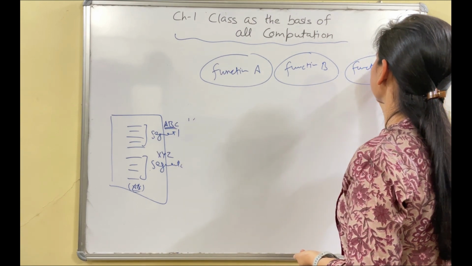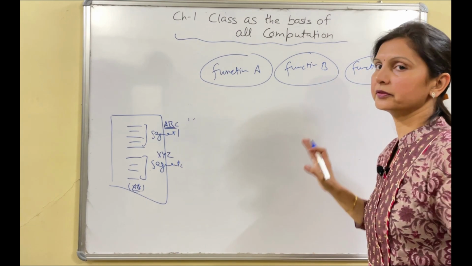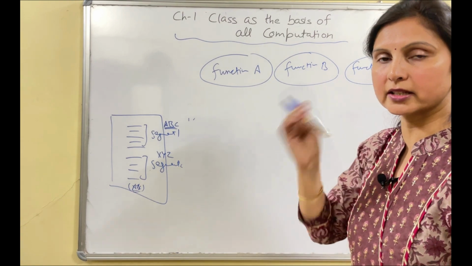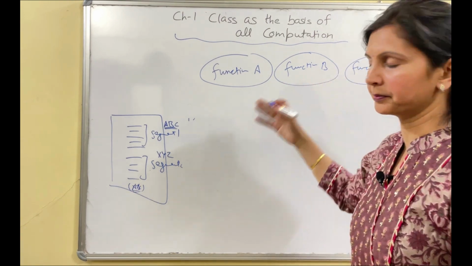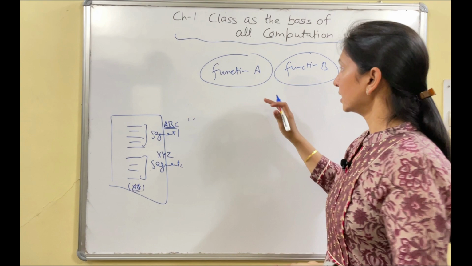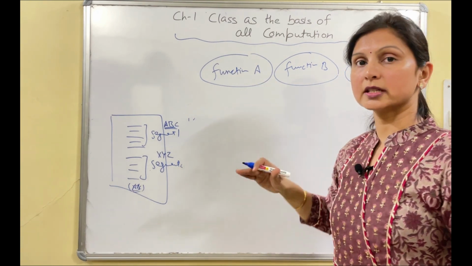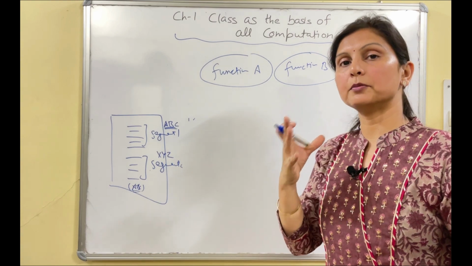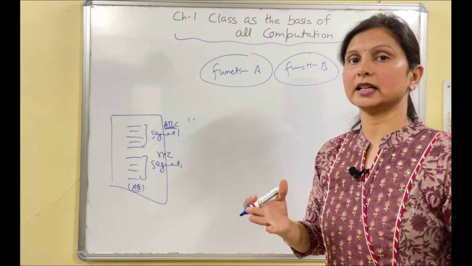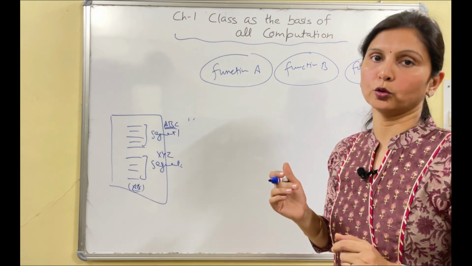So we have divided the program into 3 functions, 3 subroutines, 3 procedures. You can take any name. Now what happened in POP? We focus more on functions and less on data. So whatever the important data present in the program, we make it global.